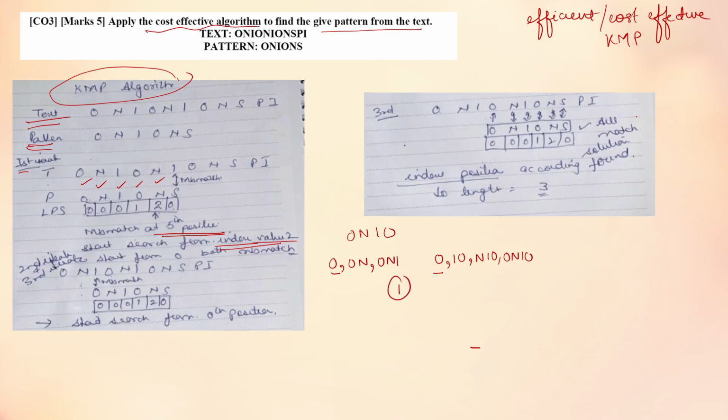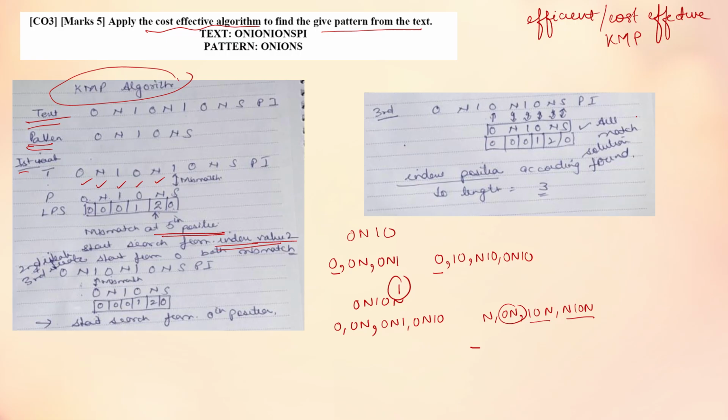So, one match. Then you take O, N, I, O, N. Your proper prefixes are O, O, N, O, N, I, O, N, I, O. Your suffixes will be N, O, N, I, O, N, N, I, O, N. This is not matching, this is not matching.